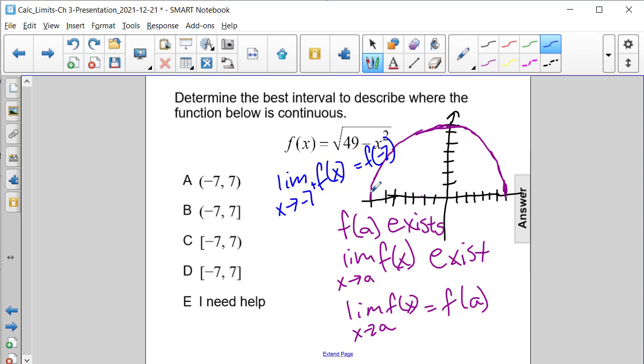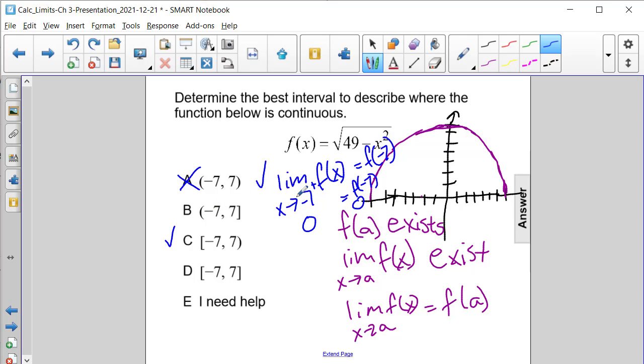Well, as we're approaching -7 from the right, we are approaching a function value of 0. And if I evaluate our function at -7, we would get 49 minus -7 squared, which is 49 minus 49, so you do end up getting 0 here. So far, this has been ruled out, and this one could possibly work.